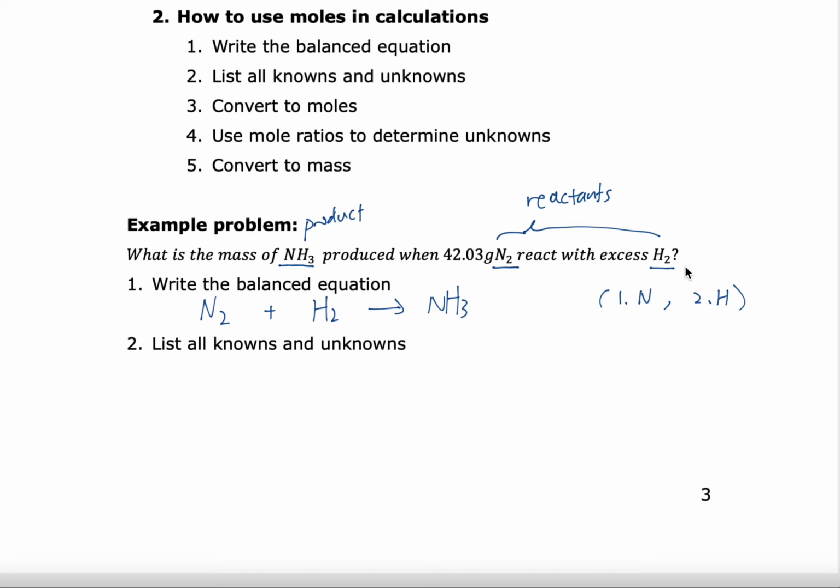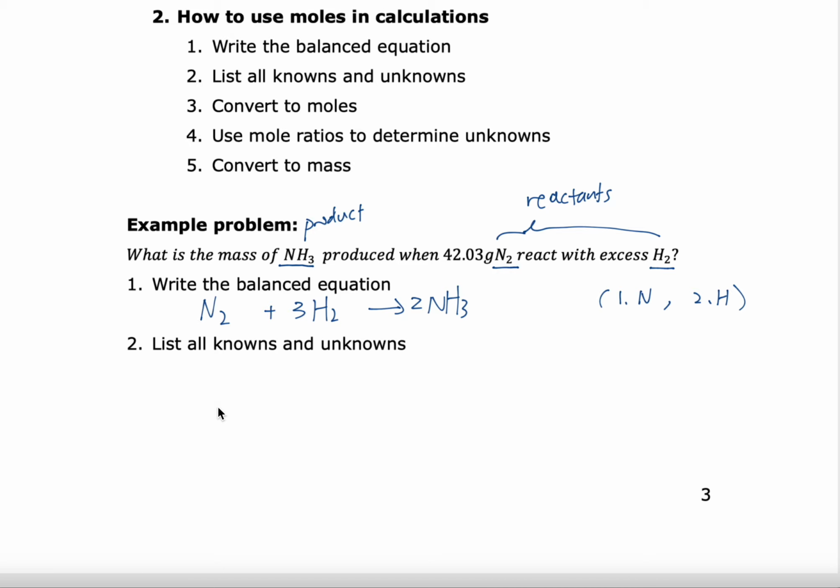Pause the video to balance the chemical equation. So your answer should be 2 to balance the nitrogen, so you have 2 and 2 on either side, and 3 in front of H2, so you have 6 hydrogens on each side of the equation.